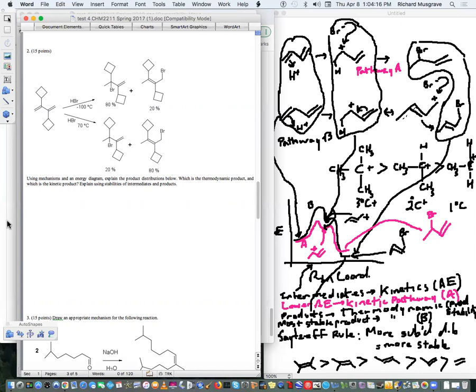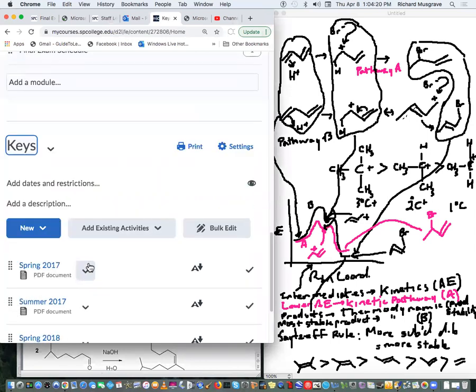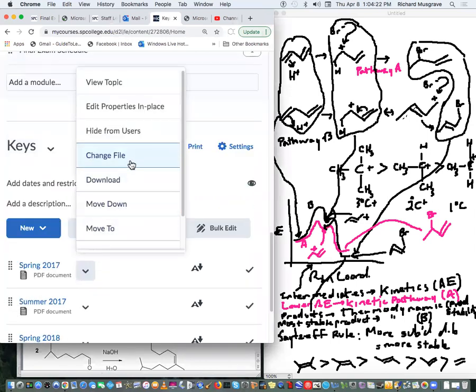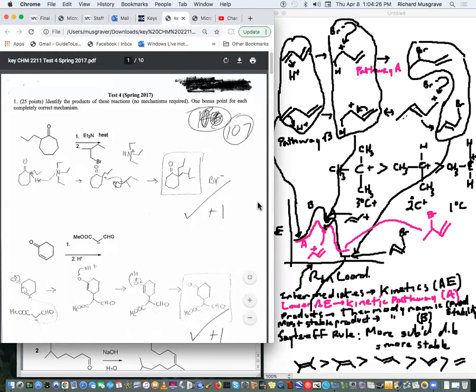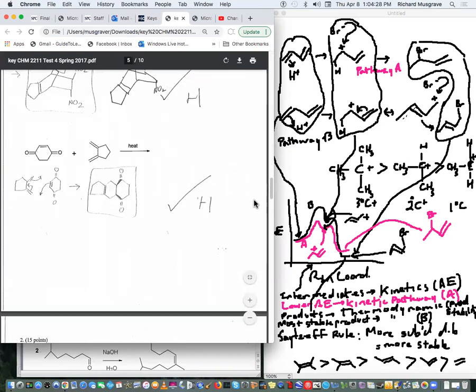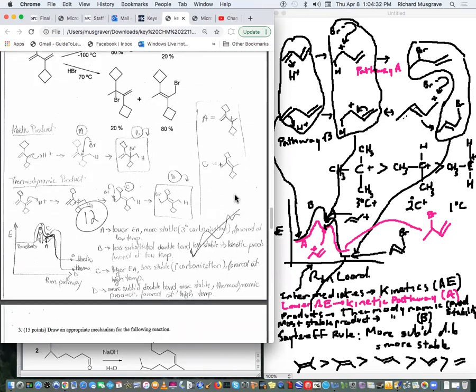Let's talk about the key and look at the answer that I'm expecting here. Okay, so what you will do is, first of all, do the mechanism for the kinetic product, which is pathway A, and then the thermodynamic product, which is pathway B.